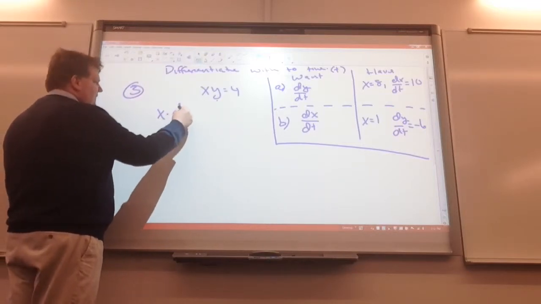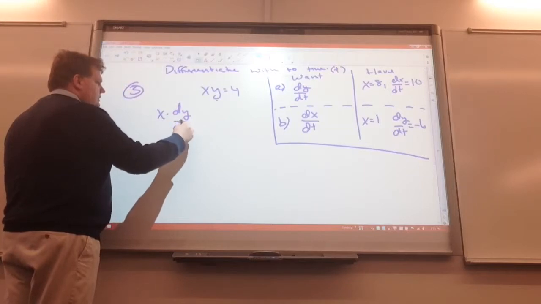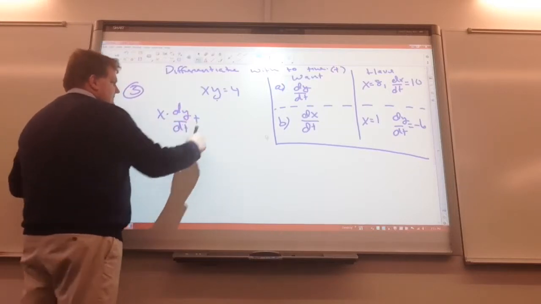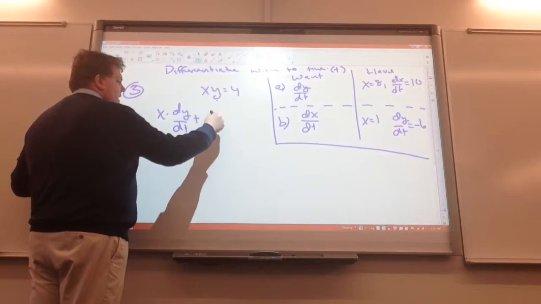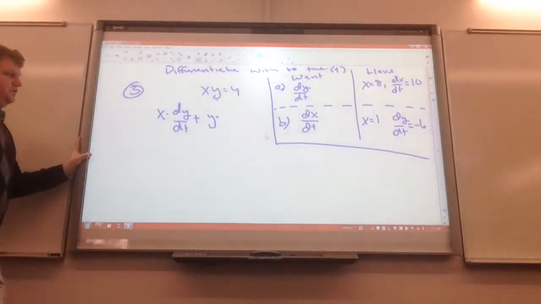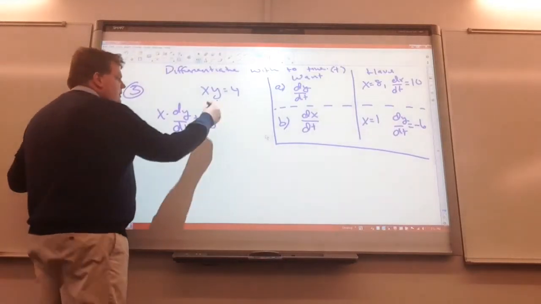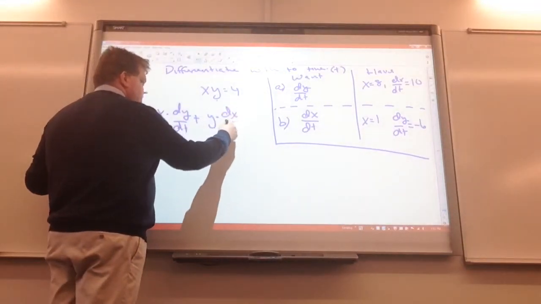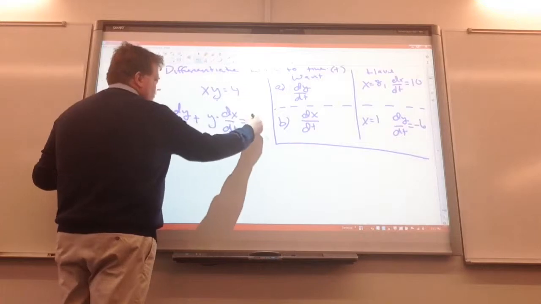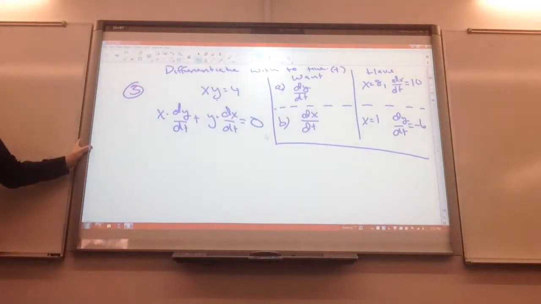Good. We're going to add to that the second one kept the same times the derivative of the first one. What's the derivative of x going to be in this case? dx by dt. Good. Okay? And we're going to be equal to 0. Because the derivative of 4 is 0. Okay? In this case here.